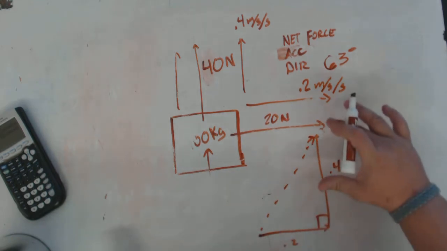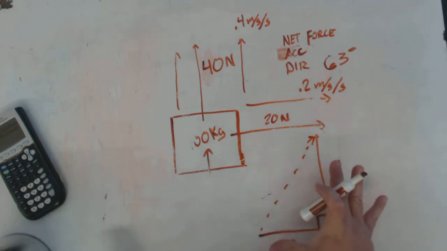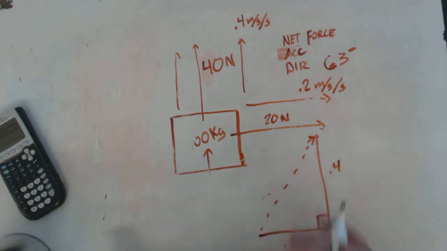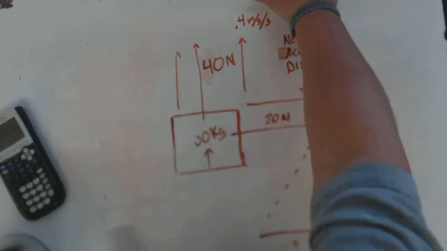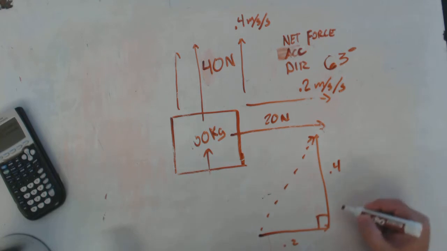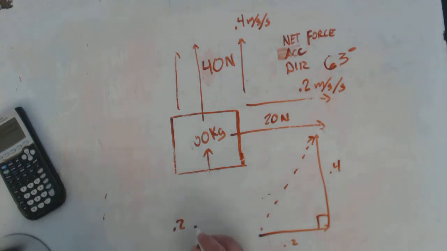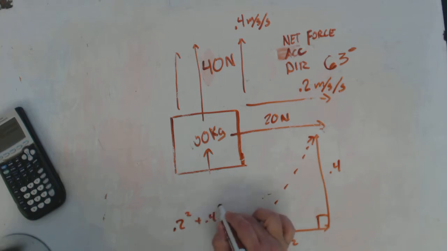I could graphically draw this out pretty precise and make a measurement. I'm not going to be 100% accurate, but I'm going to be in the ballpark. The other way I can do it is a squared plus b squared equals c squared. So a squared is going to be 0.2 squared plus b squared, 0.4 squared, is equal to c squared.